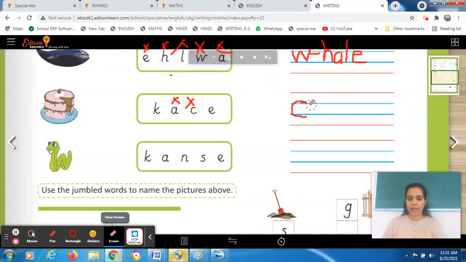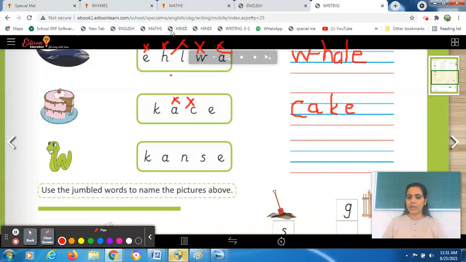K, A, cake. So here we have to write C, A, K, and in the last we will write E, cake. That's done now?